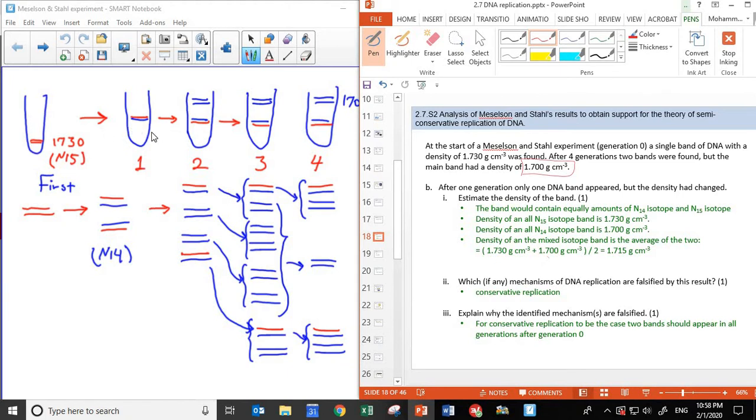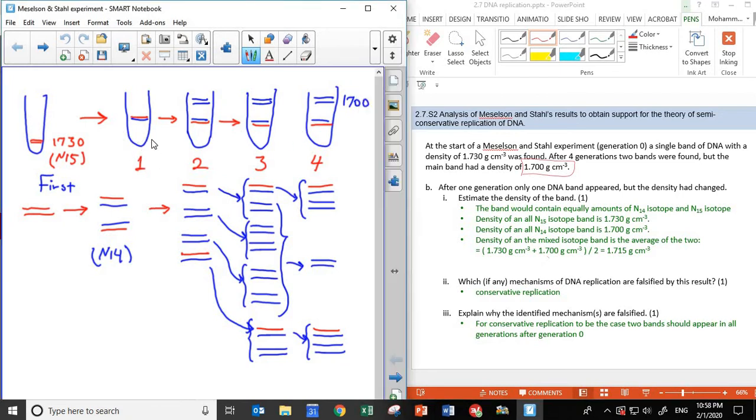But here, you will see that the original one, which was here, doesn't show up anymore in any of the generations 1, 2, 3, and 4. So you don't see the original band anymore. So there is no conservative replication. There is no conserved DNA band.